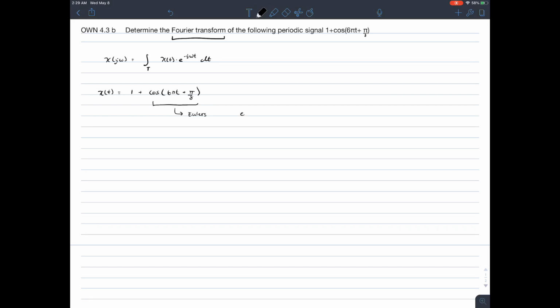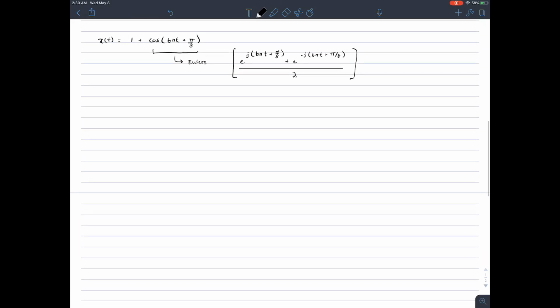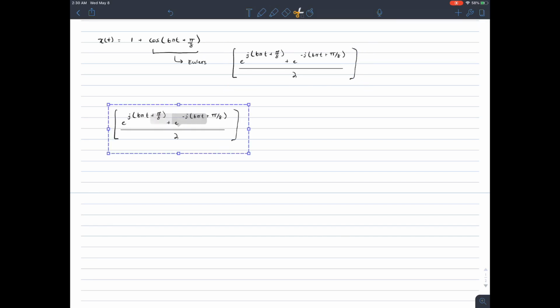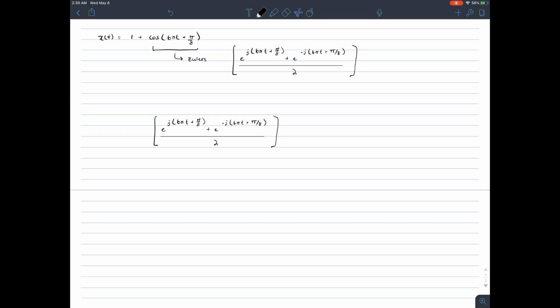It's going to be e to the j (6 pi t plus pi over 8) plus e to the negative j (6 pi t plus pi over 8), and all divided by 2. And this is going to be our new substitution for our cosine function. Okay, so let's just move this down here and add a 1, and that's our new x of t.